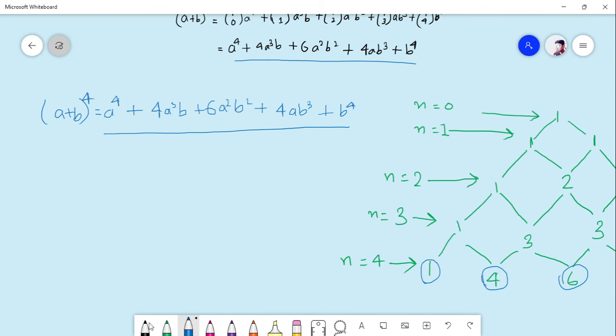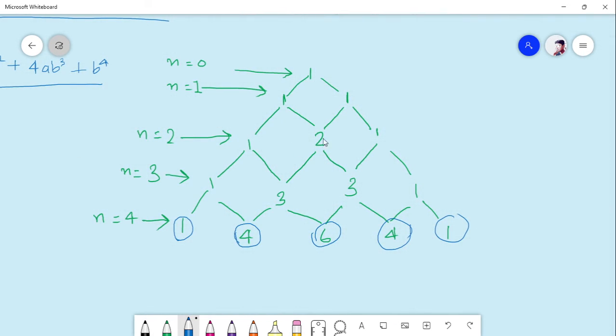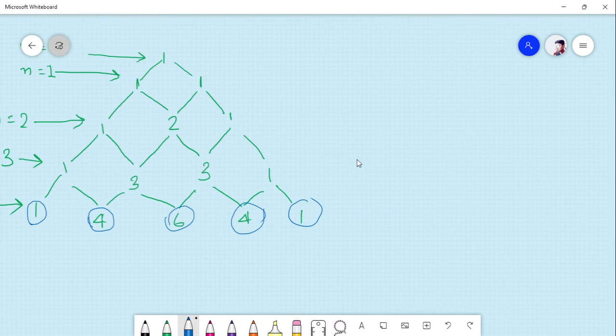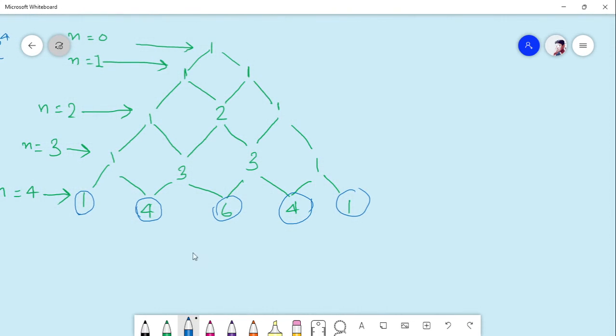Now the question is, why did it work? Why did this triangle work? When I was saying there are 6 ways to get here, 3 ways to get here, let's see what this actually means. Let's say a plus b whole squared.